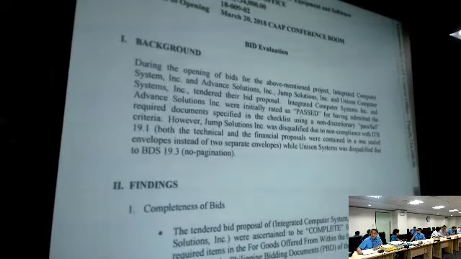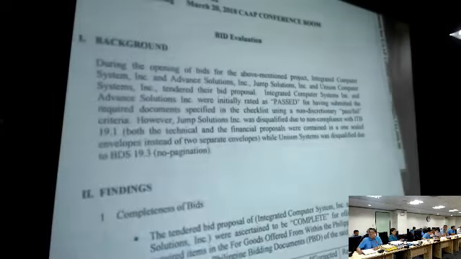However, Jump Solutions Incorporated was disqualified due to non-compliance with ITB 19.1. Both the technical and the financial proposals were contained in one sealed envelope instead of two separate envelopes, while Unison Systems was disqualified due to BDS 19.3, no pagination of the documents.